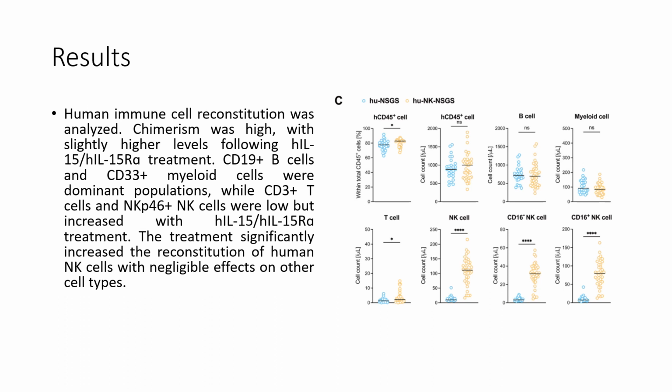The CD3 plus T cells and NKp46 plus NK cells numbers were low, but hIL-15 and hIL-15R alpha treatment increased NK cell numbers and slightly increased T cell numbers.